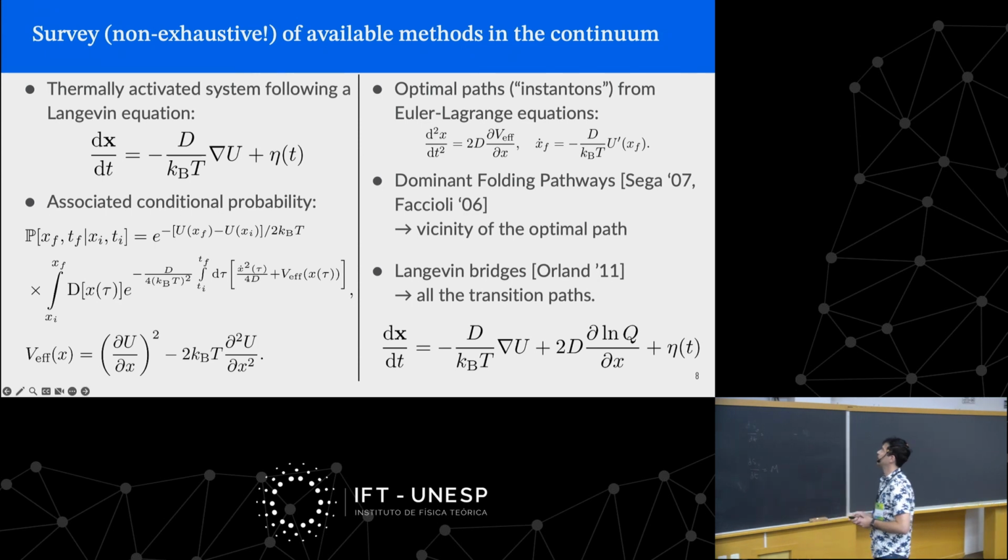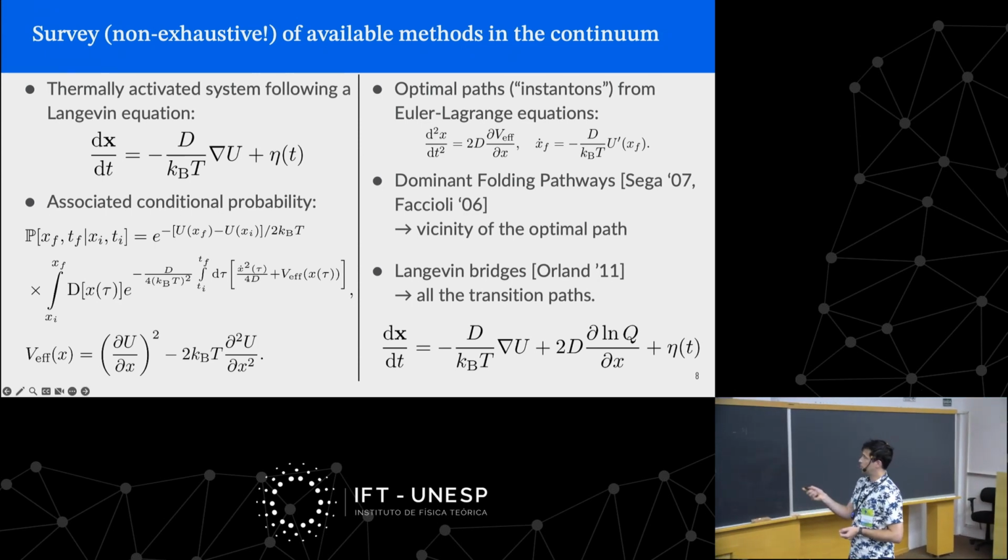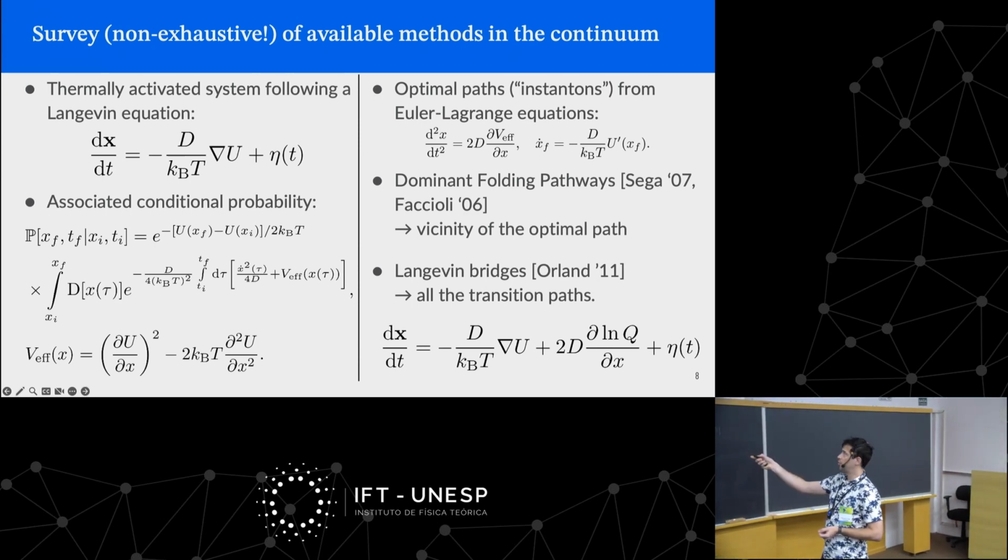And more recently, you've had the emergence of these Langevin bridges methods. Here, a bridge is a path which satisfies a Langevin dynamic equation initially, but which is conditioned to end in the final state xf at time tf.